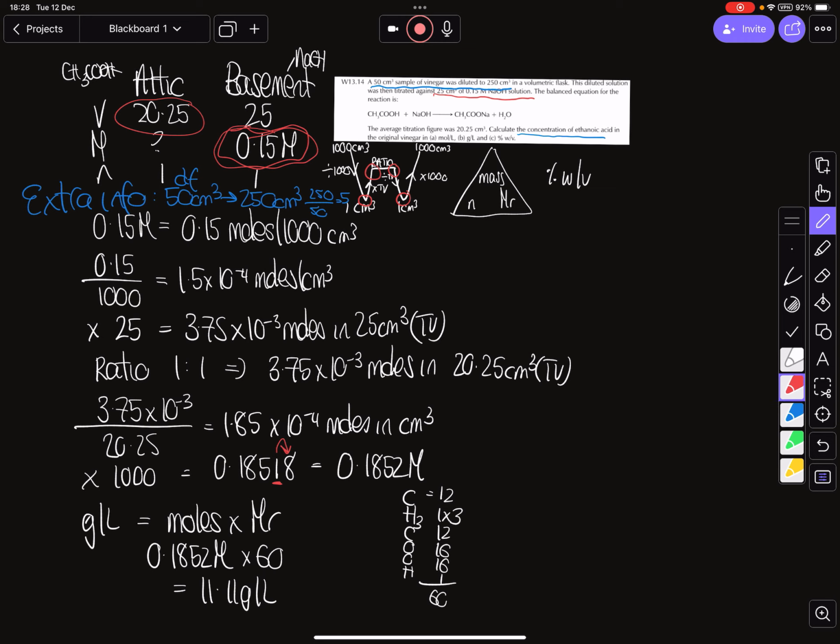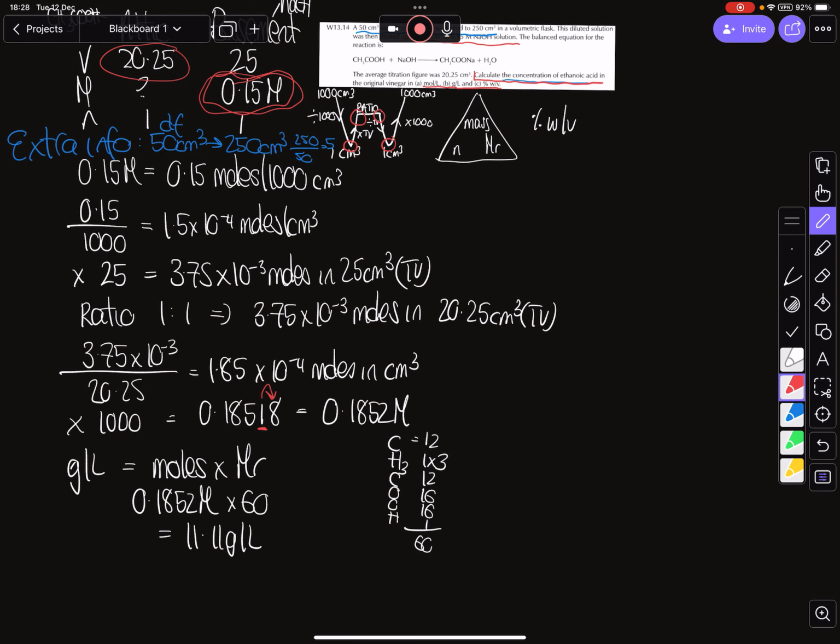We have a read of our question, which is here, and it is asking us to calculate the concentration of ethanoic acid in the original vinegar in moles per litre, grams per litre, and percent weight per volume. So if we have a look at the numbers that we've worked on, down here, this was our diluted vinegar. So to find out what's in the original, I would multiply it by my dilution factor.